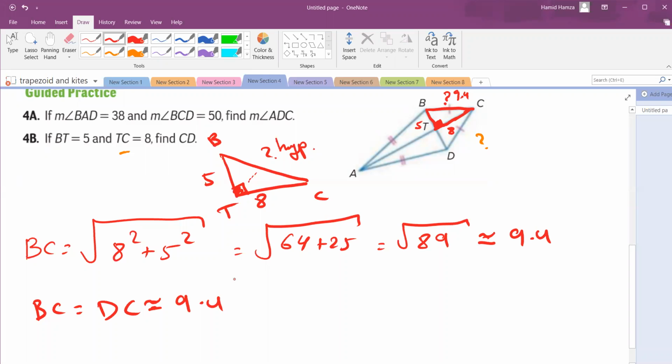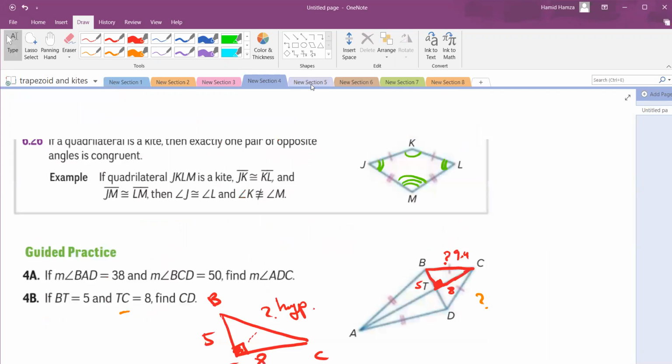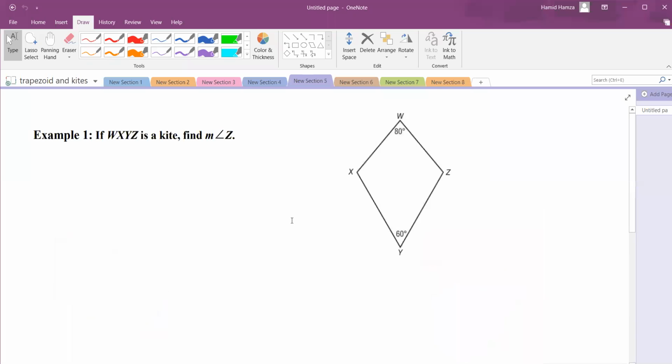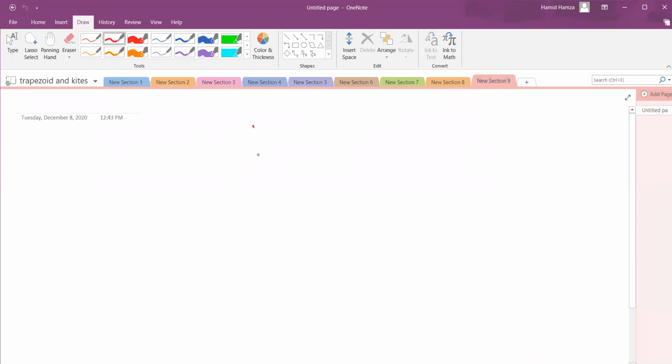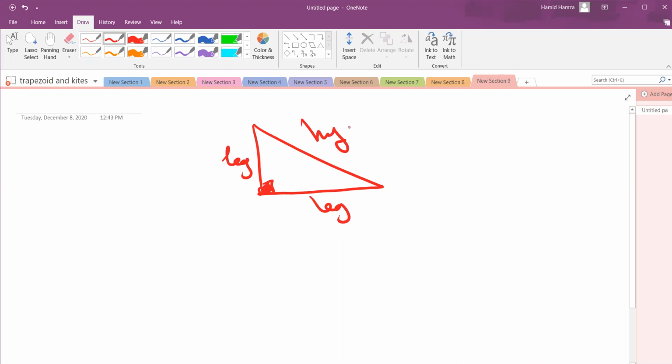Understand this, guys? Got this point? Okay. You know that we use Pythagoras theorem if you have 3 sides in a right angle triangle. So this side's name is leg, and this is the hypotenuse. He gave you the length of 2 sides and asks you to find the third one.